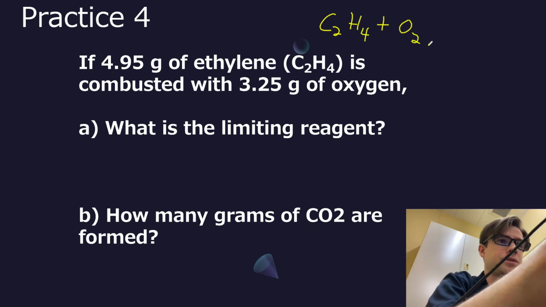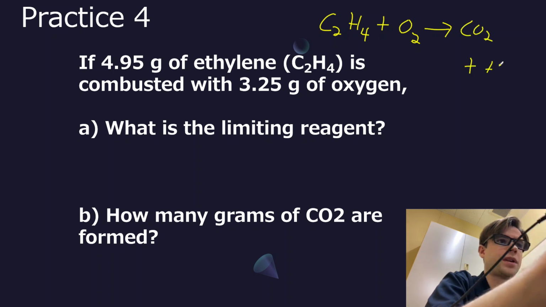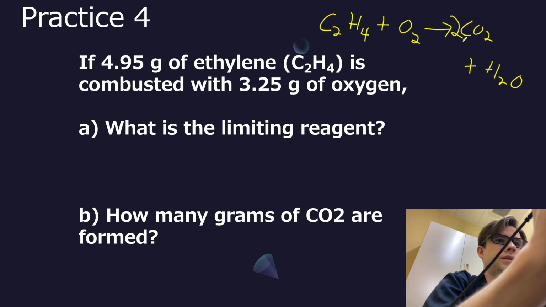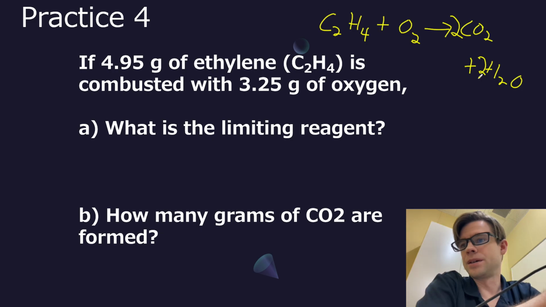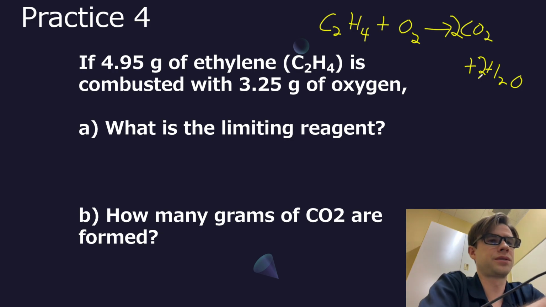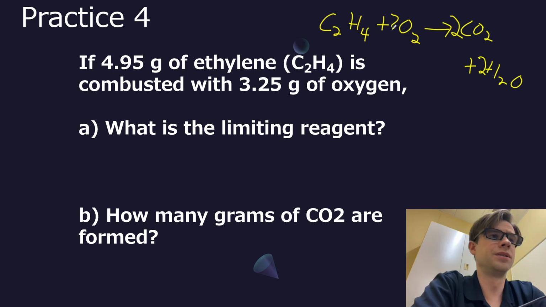Fuel plus oxygen goes to CO2 and water. So we're going to need at least 2 CO2. We're going to need at least 2 H2O. And then how many oxygens? That'll be 4 plus 2 on the right side. That's 6. So we need 6 on the left as well. Boom. Done.